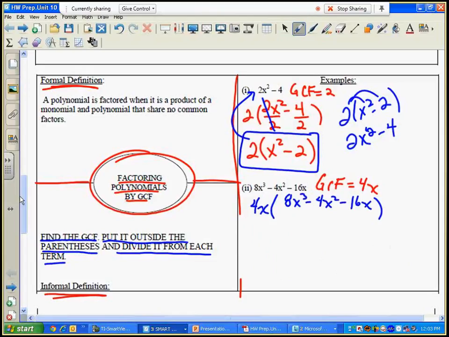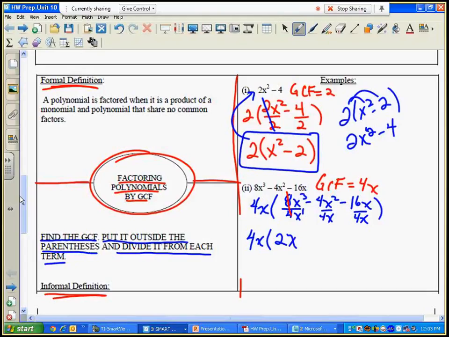Now, in order to do that, I'm going to have to divide each one of these terms by 4x. So let's see what happened here. On the outside, I got 4x. Then I've got 8 divided by 4 is 2. And then x to the third divided by x to the first gives me x squared.